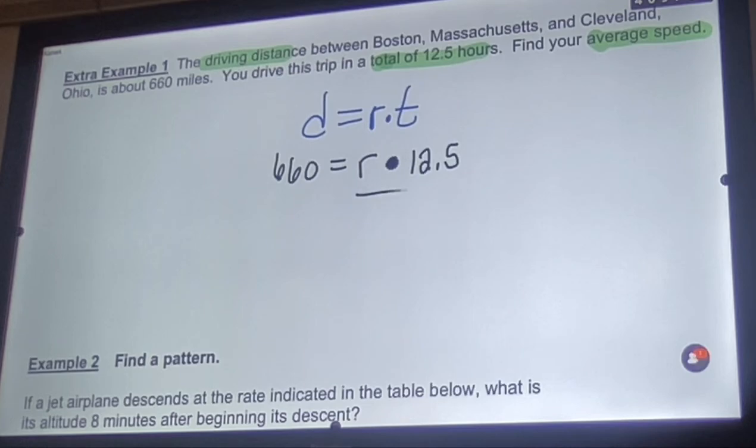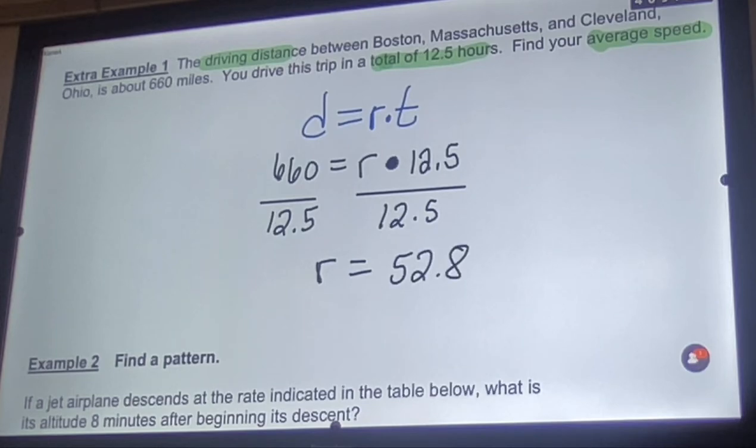And you still have to perform the opposite operation. So if you are multiplying, the opposite is dividing. So Jack, when you take 660 divided by 12.5, what do you get for our speed? 52.8. And then we would label that as miles per hour.